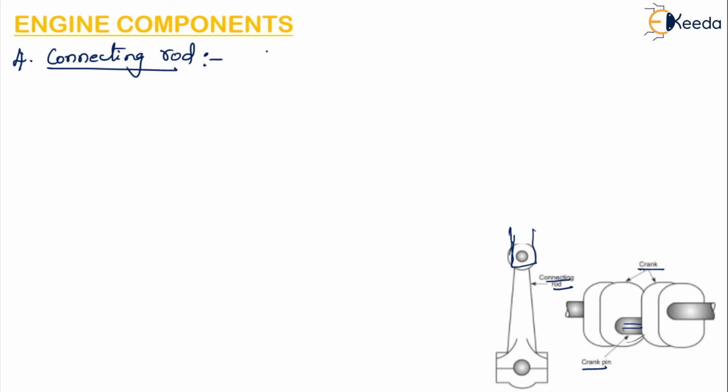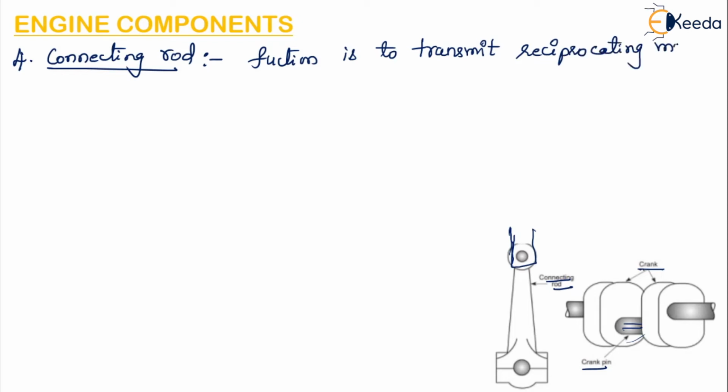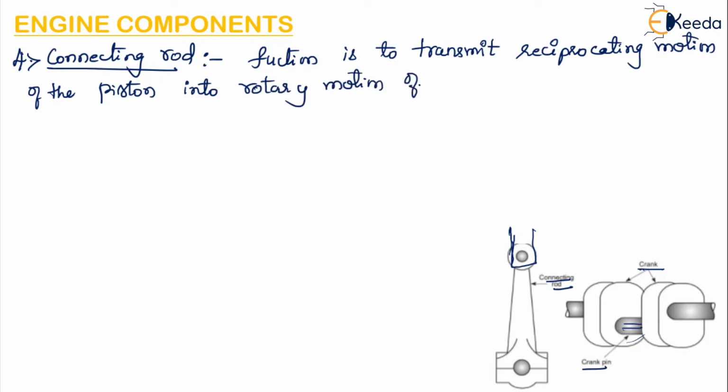So connecting rod function is to transmit reciprocating motion of the piston into rotary motion of the crank.